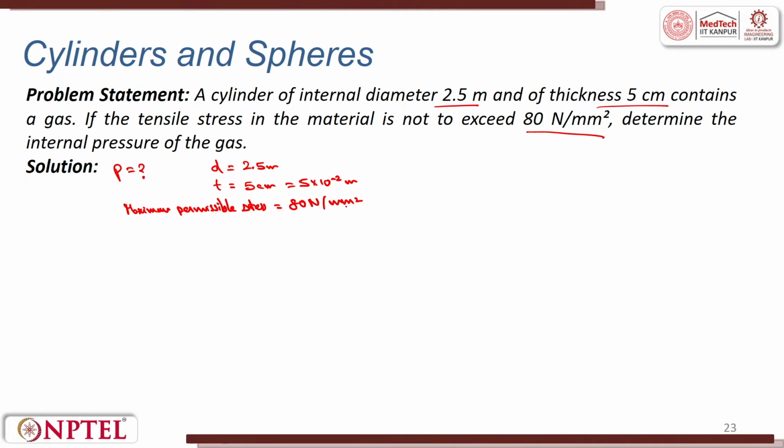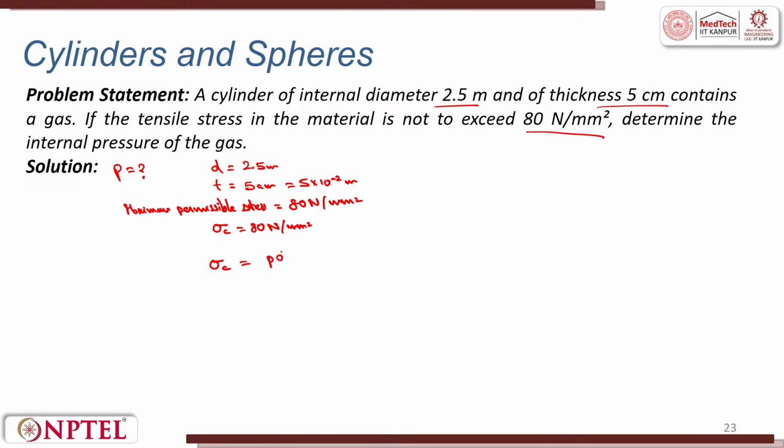So as maximum permissible stress is given, this should be equal to the circumferential stress. That means my sigma C, that is circumferential stress, is equal to 80 newtons per millimeter square. Right.